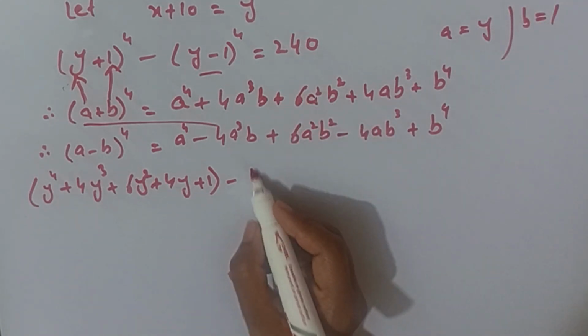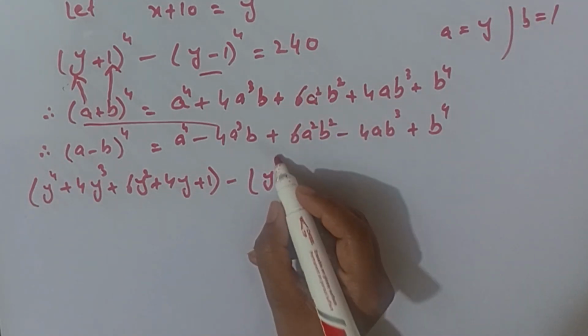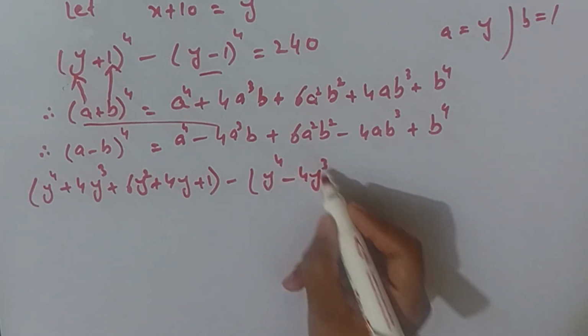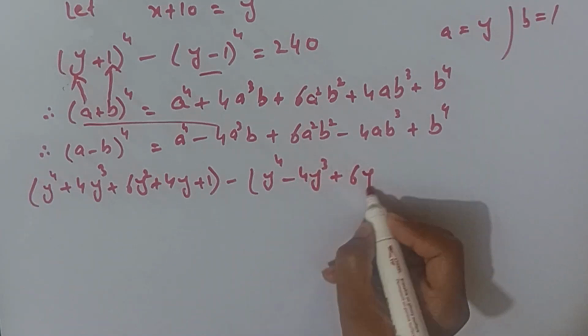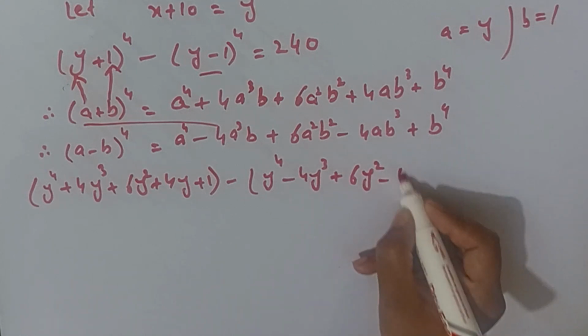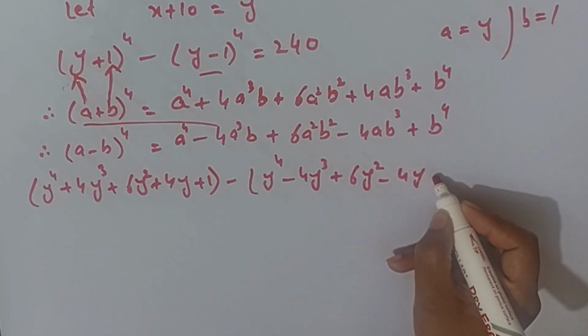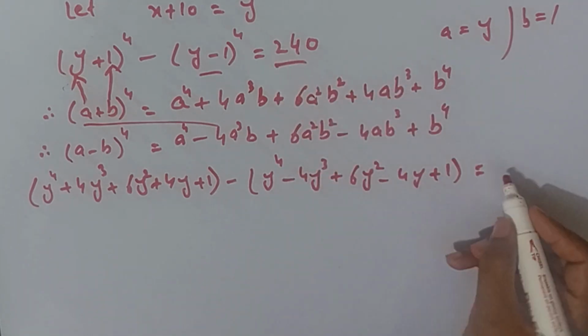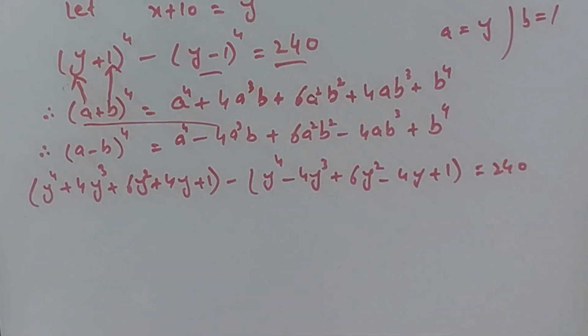This will become y^4 + 4y^3 + 6y^2 + 4y + 1. Minus, now we expand this form using the same identity, where a is equal to y and b is equal to 1. This is y^4 - 4y^3 + 6y^2 - 4y + 1, and this is equal to 240.